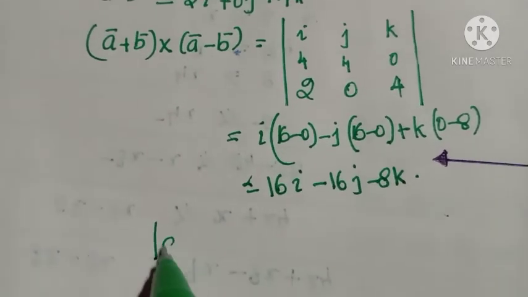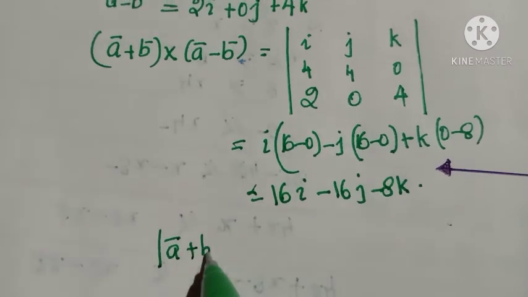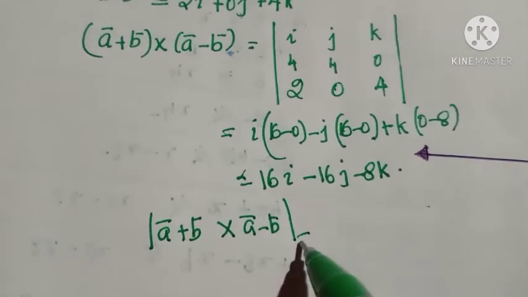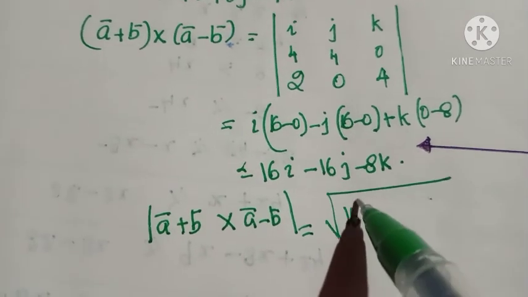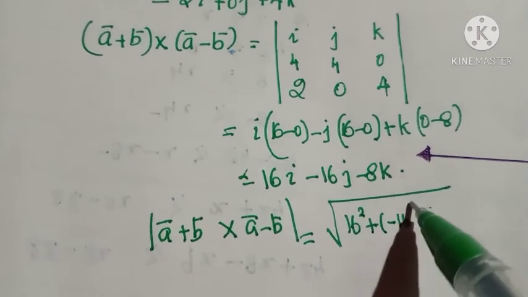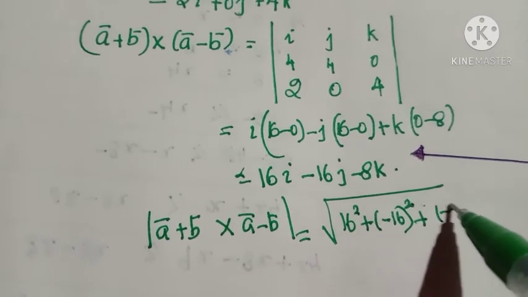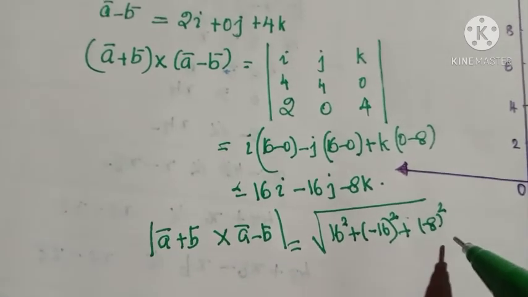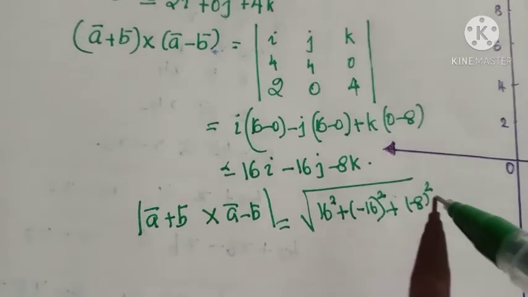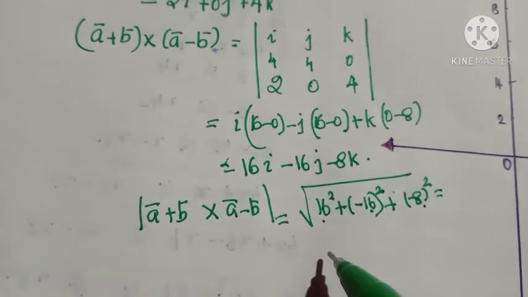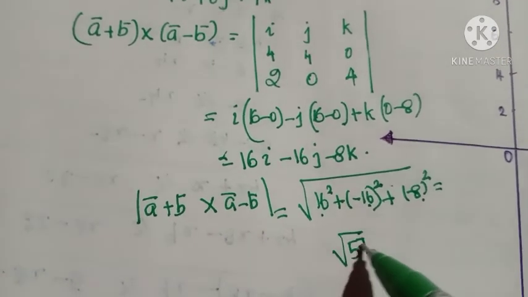Now find its magnitude, A plus B cross A minus B. So this is root of 16 square plus minus 16 square plus minus 8 square. This is 256, 256, 64, so it is 576.